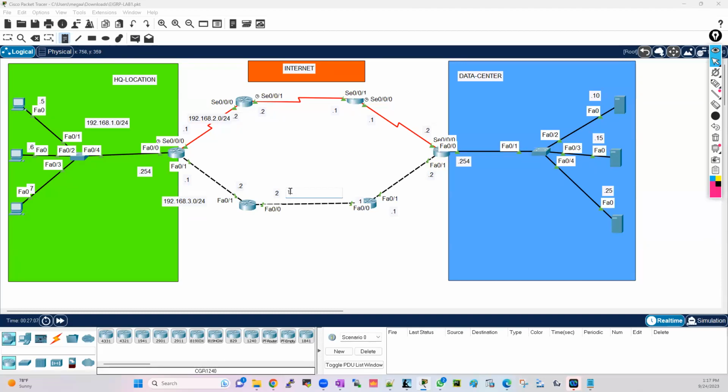192.168.4.0/24, and then here 192.168.5.0/24. Let's put here 192.168.6.0/24. 192.168.7.0/24.